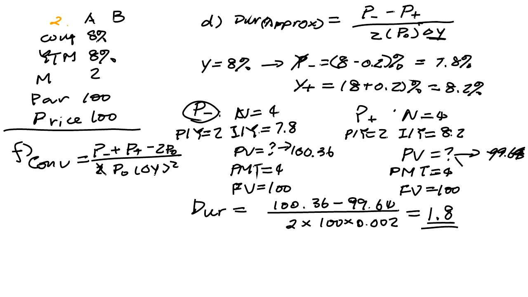So that should be equal to 100.36 plus 99.64 minus 200, divided by 100 times 0.002 squared. Just one moment.